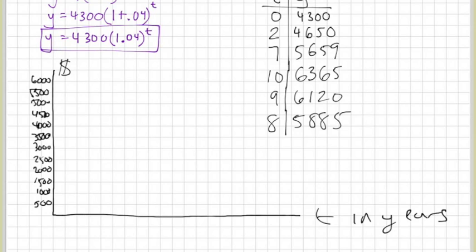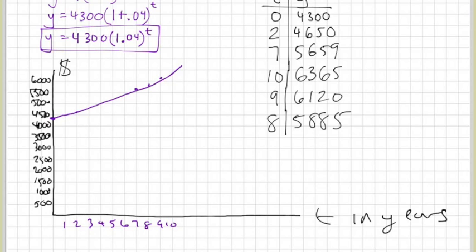So then when I plot my points, I've got 0, 4,300, got 2, 4,650, 7 up to 5,659, 8 up to 5,8, 9 just passes by the 6,000, and 10 even more so.